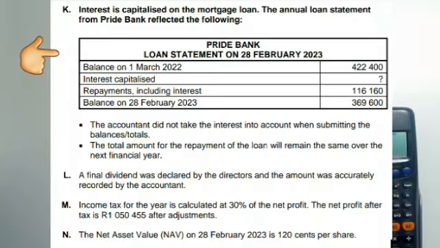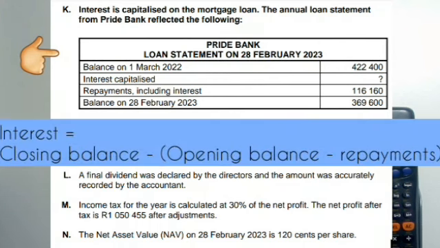So to calculate your interest, when you have been given such information, you usually use a formula that works, especially when you have been given this information exactly as it is: balance at the beginning, repayments that include interest, and balance at the end.